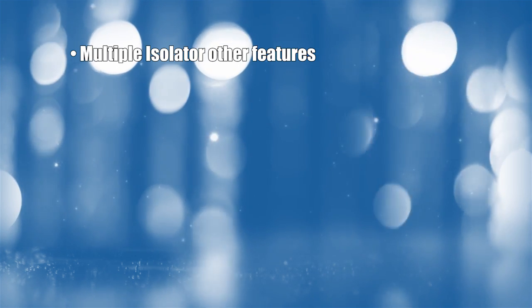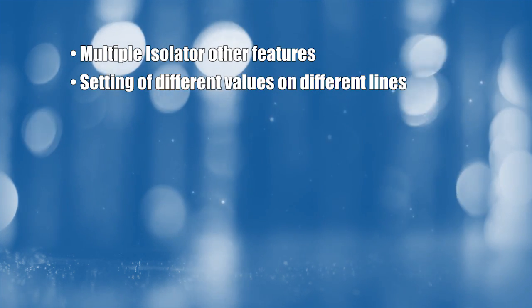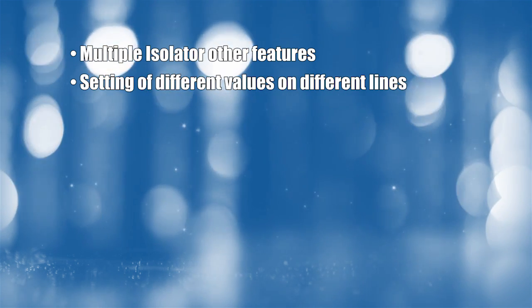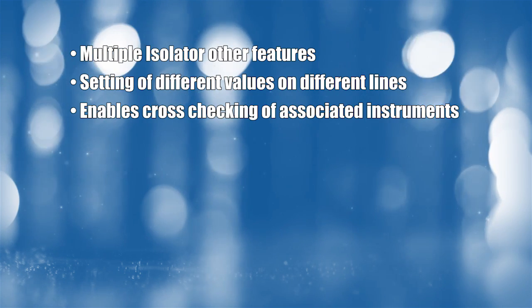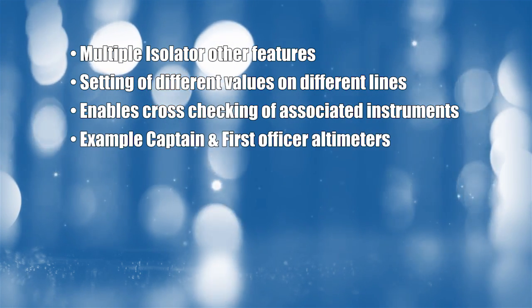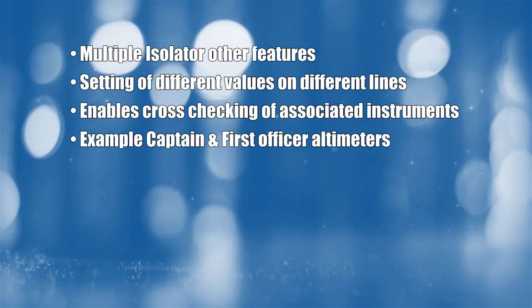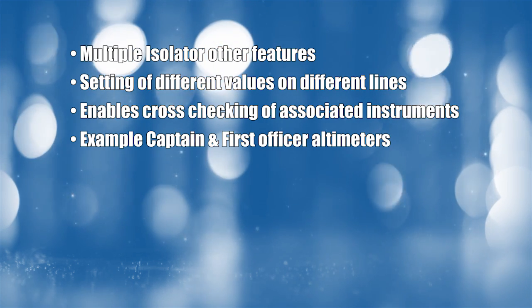Via the individual port switching, it's possible to set up different parameter values on the different lines or channels. An example of this feature would be the ability to set different altitudes on the captain and first officer flight line instruments.